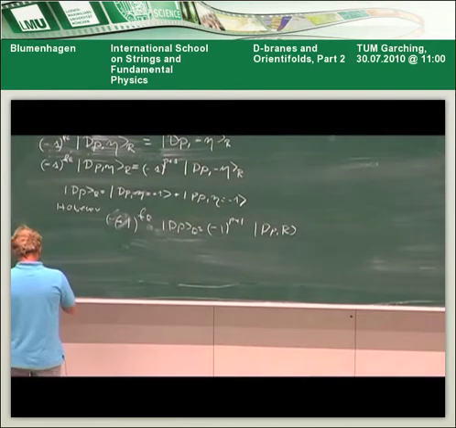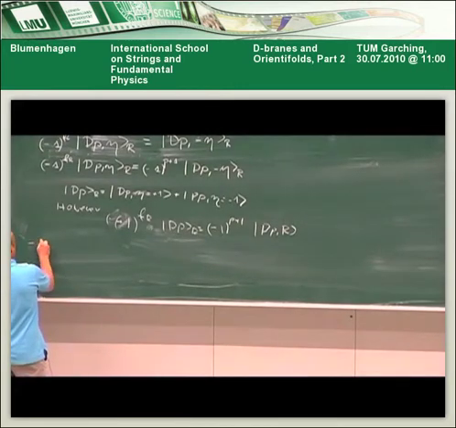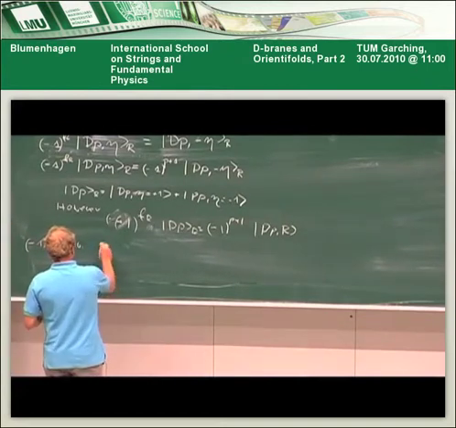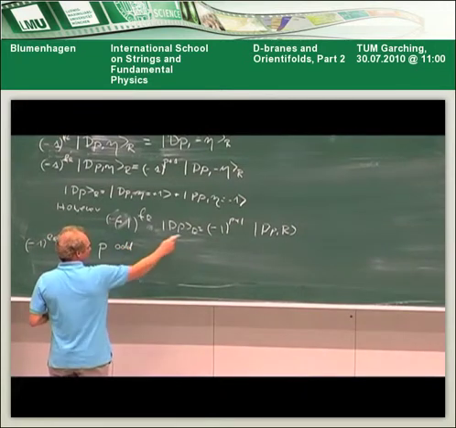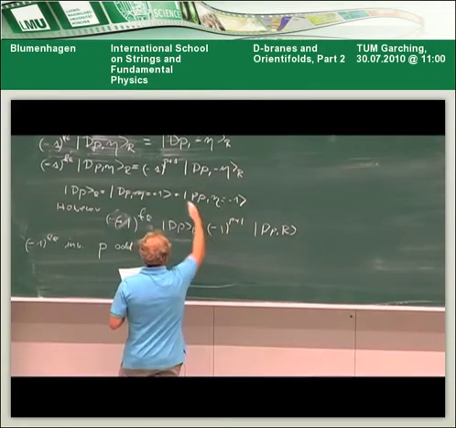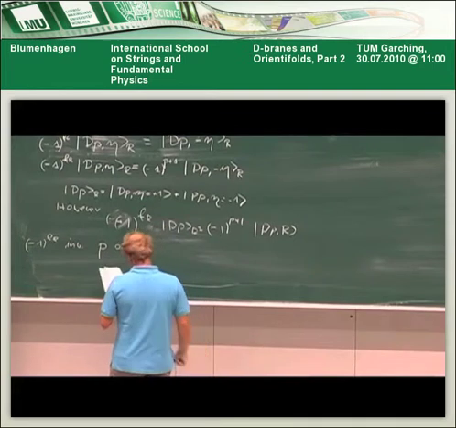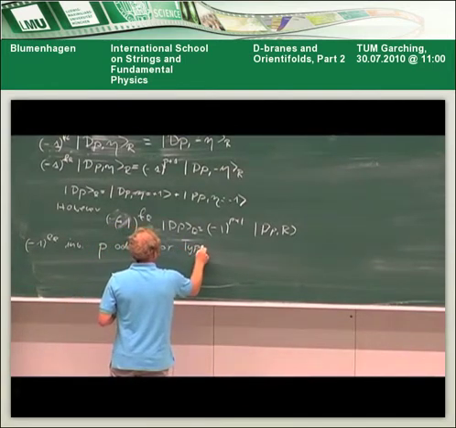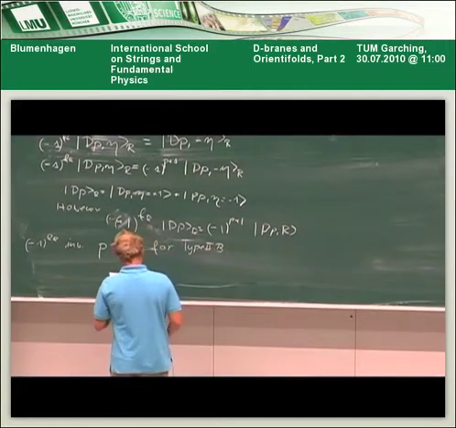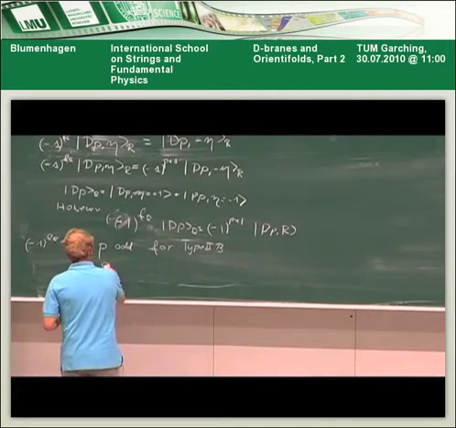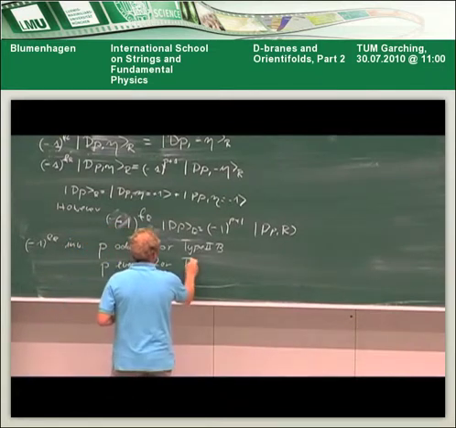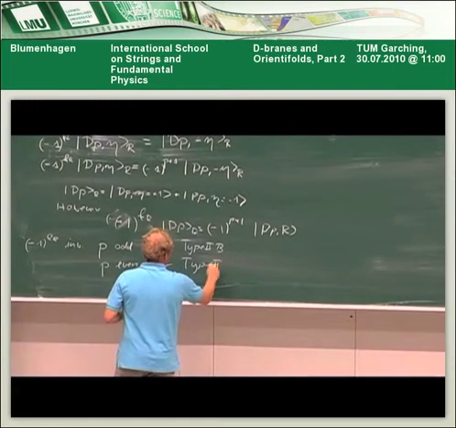So it follows that this thing is (-1)^F_R invariant if p is odd, the sign is +1, that's fine, the same GSO projection, this is fine for the type 2B superstring. And if p is even, for the type 2A superstring.